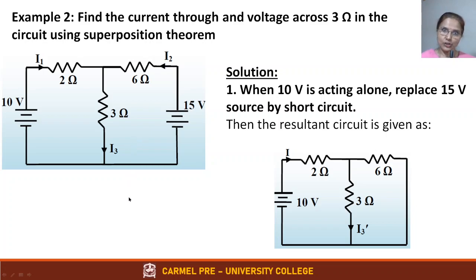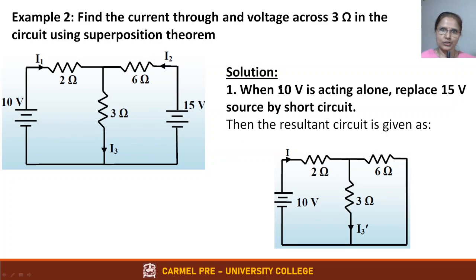Then eventually current I3 is going to be I3 dash plus I3 double dash, and voltage across this is going to be V1 plus V2. So that is the procedure using superposition theorem. So we will take one step at a time, one voltage source at a time, and find the currents.